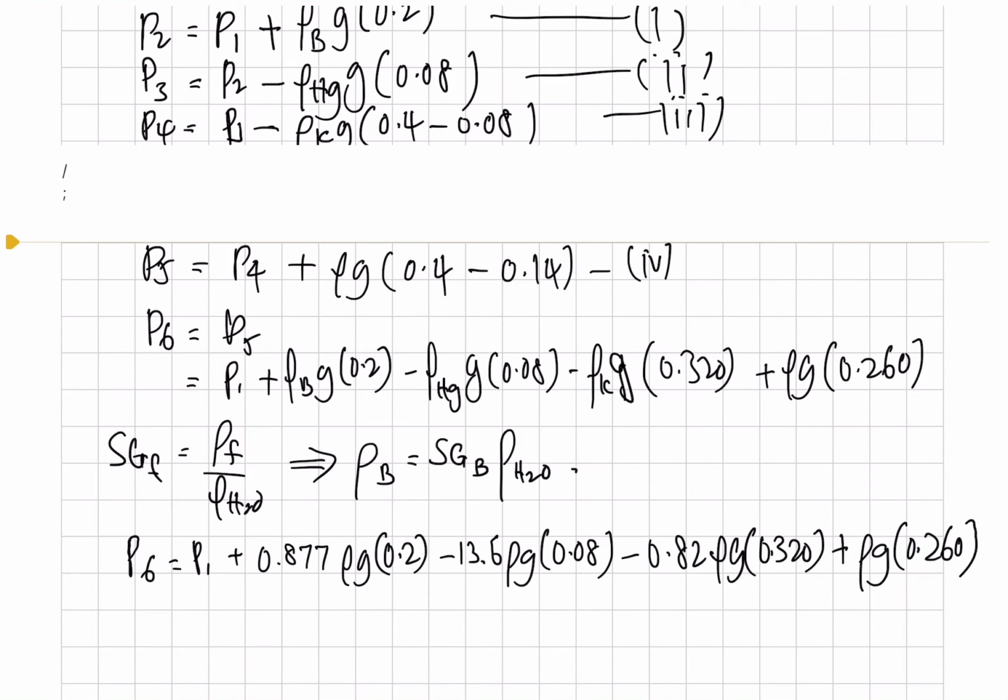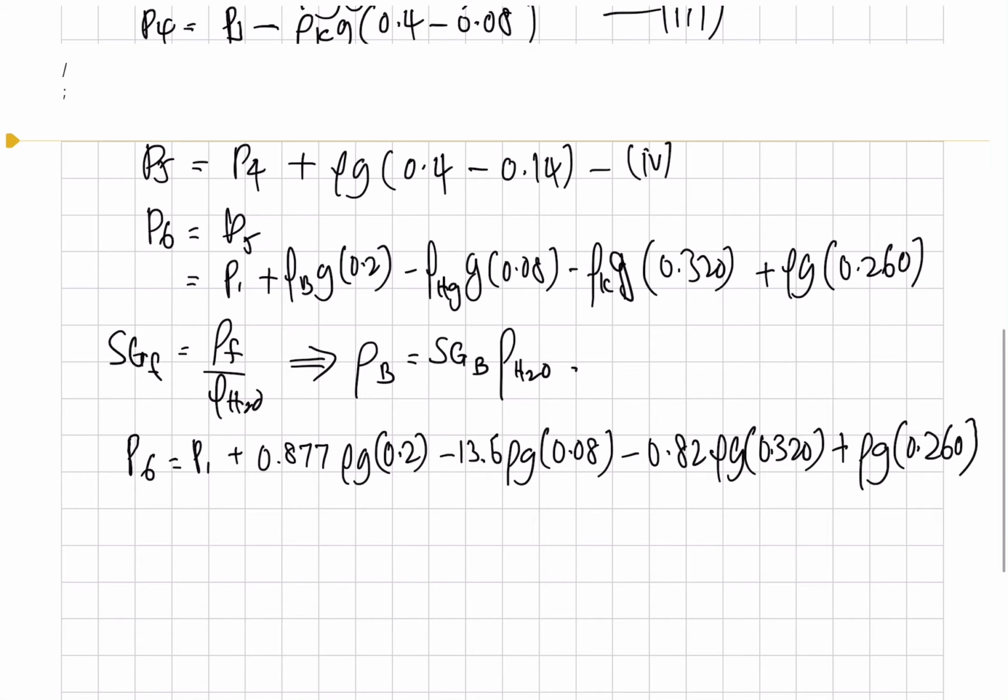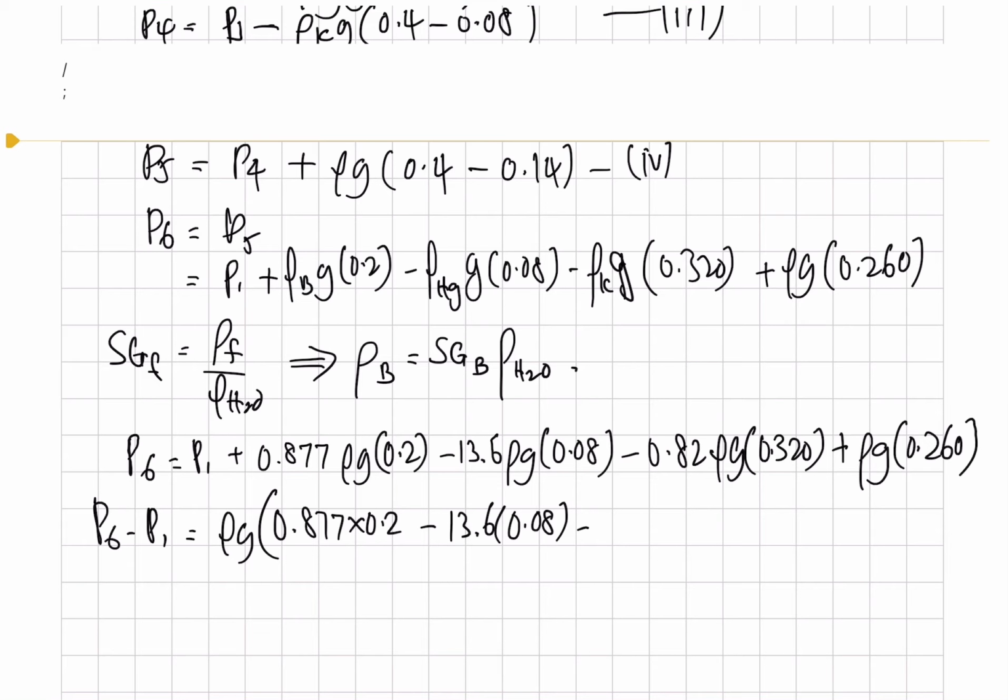Okay, and rearrange the equation, you will have P6 minus P1 is equal to, and all the terms on the right side have the rho g. All right, so we put the rho g outside and left with 0.87 times 0.2 minus 13.6 times 0.08 minus 0.82 times 0.320 plus 0.260.